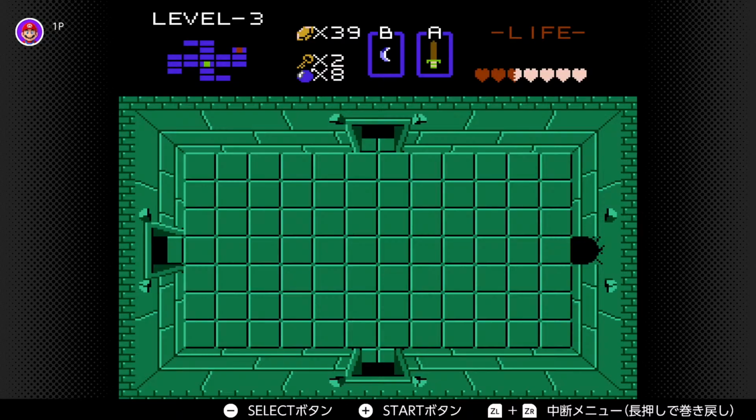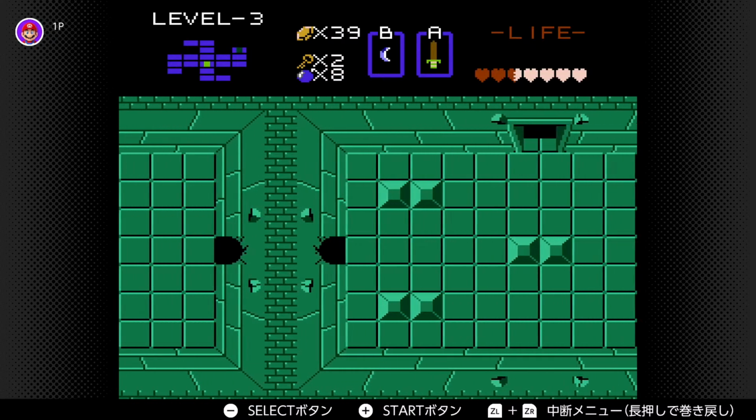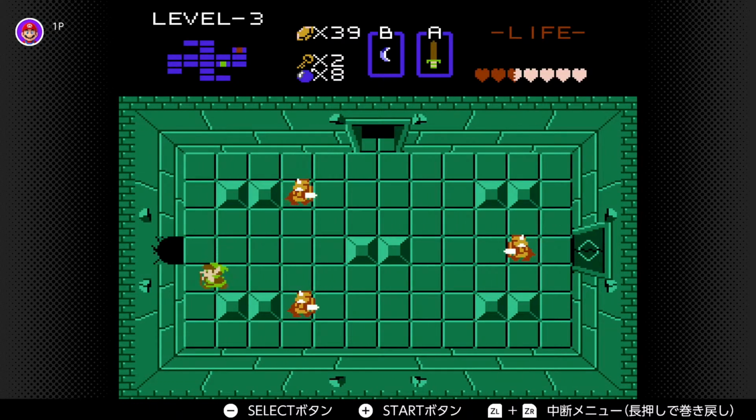Let's ignore these ones and deal with these ones. Yeah, not having the sword beams, or at the very least the stronger sword, hurts. Oh boy. They surrounded me there.